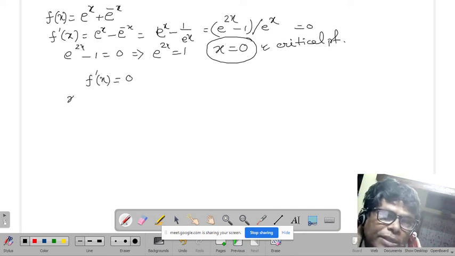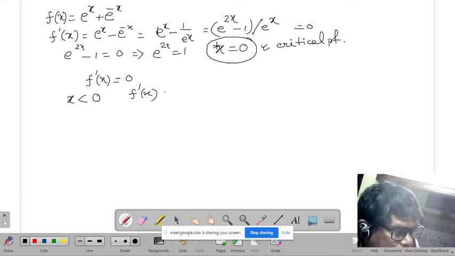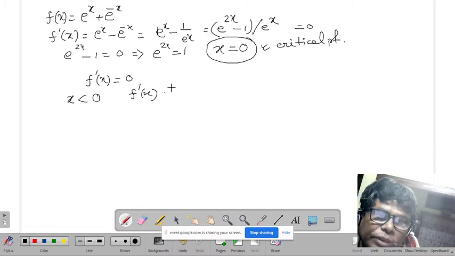Now say x is less than 0. Then what is f dash x? f dash x is less than 0, so what will happen to this function? Tell me whether it is greater than 0 or less than 0. So this is negative and this is also negative, so this is negative.